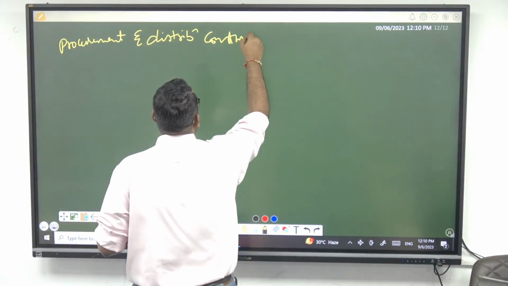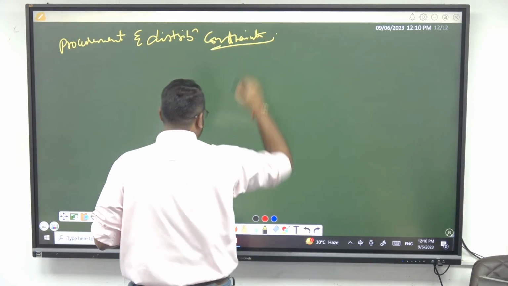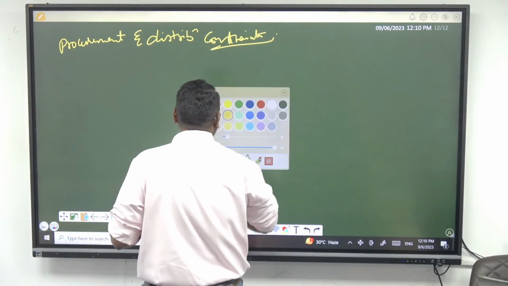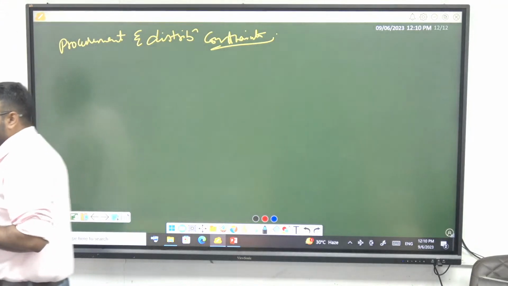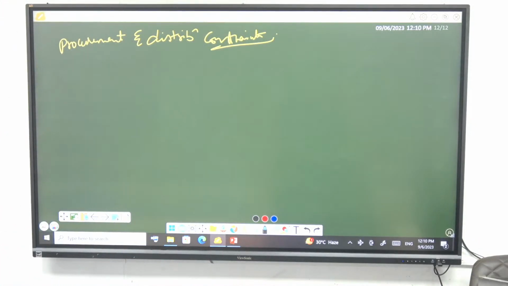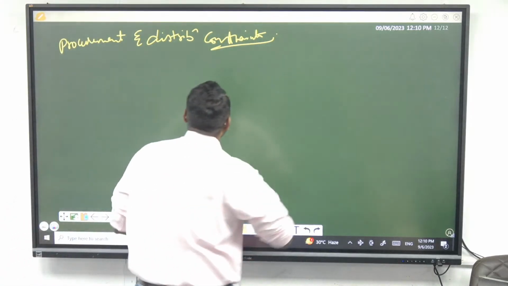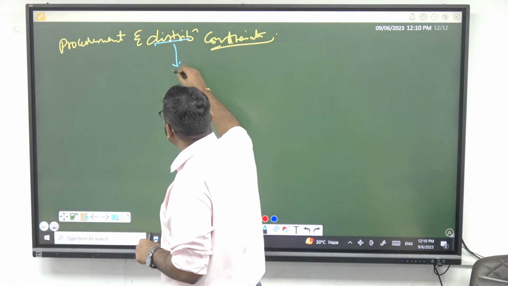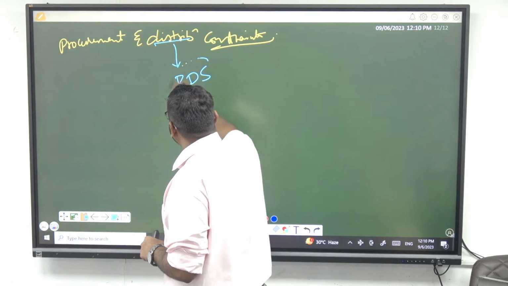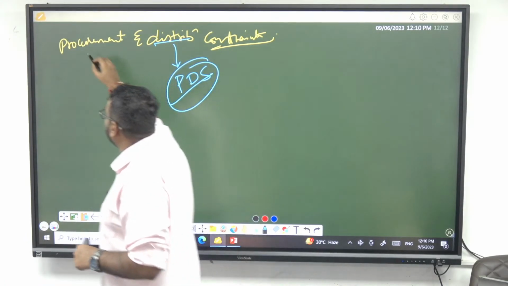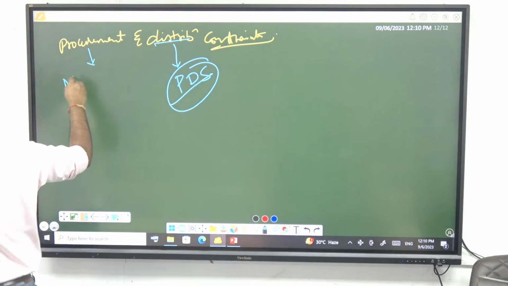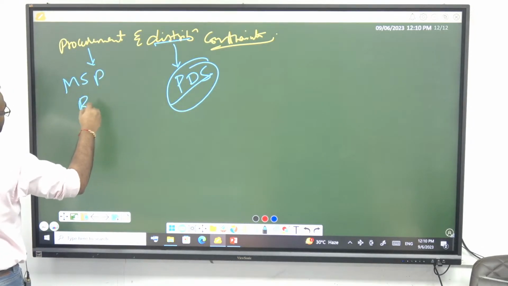Constraints. Okay. So if you have a brief idea about the GS3 portion of agriculture, which is given there, we have this system for distribution, correct? The system for distribution is called PDS, yes, public distribution system. For procurement we have MSP and buffer stock.